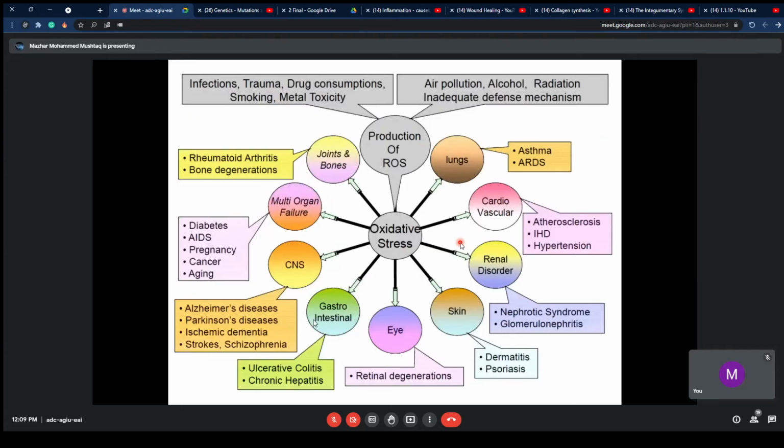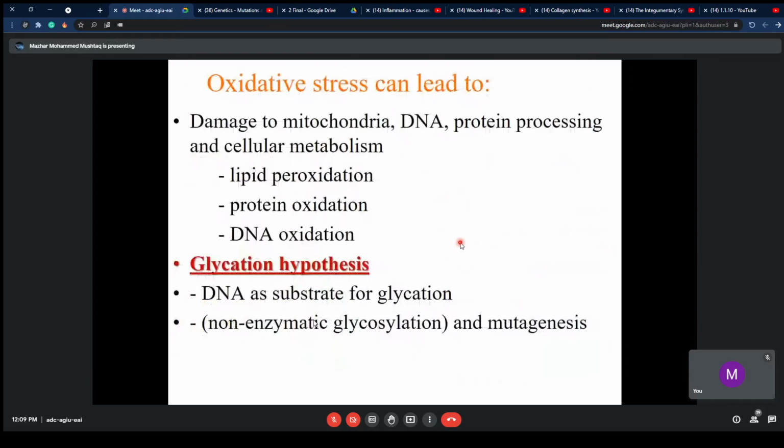So, sorry? Doctor, when diabetes happens, there aren't any enzymes that bind to the glucose, right? Can you repeat, please?